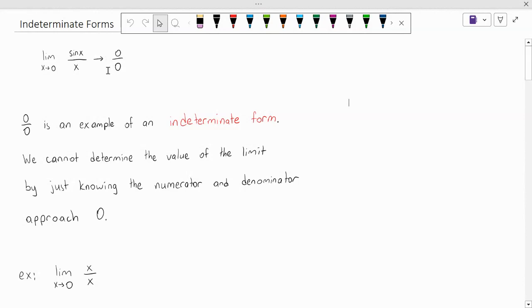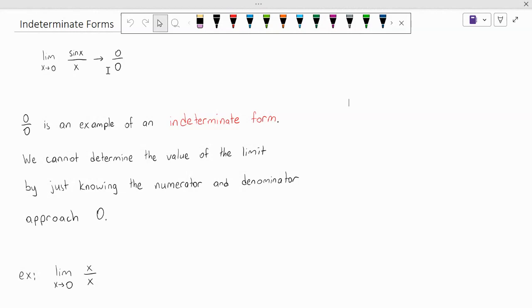Now remember that division by 0 is not defined. So this expression 0 over 0, it's not like a mathematical object that actually exists.